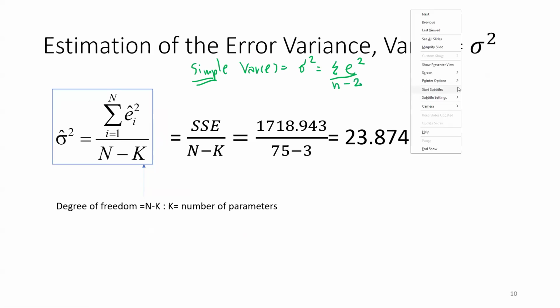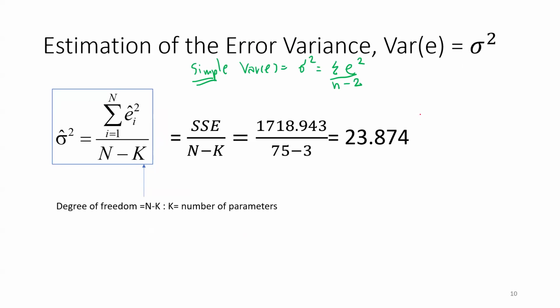In fact, the 2 comes from the number of parameters. What does this mean? We have y equals beta 1 plus beta 2 x here, so the parameters are beta 1 and beta 2.